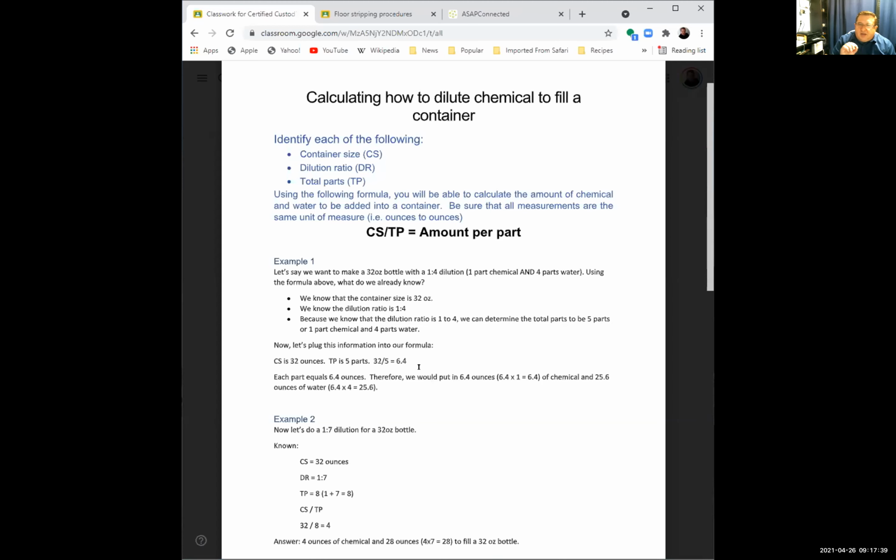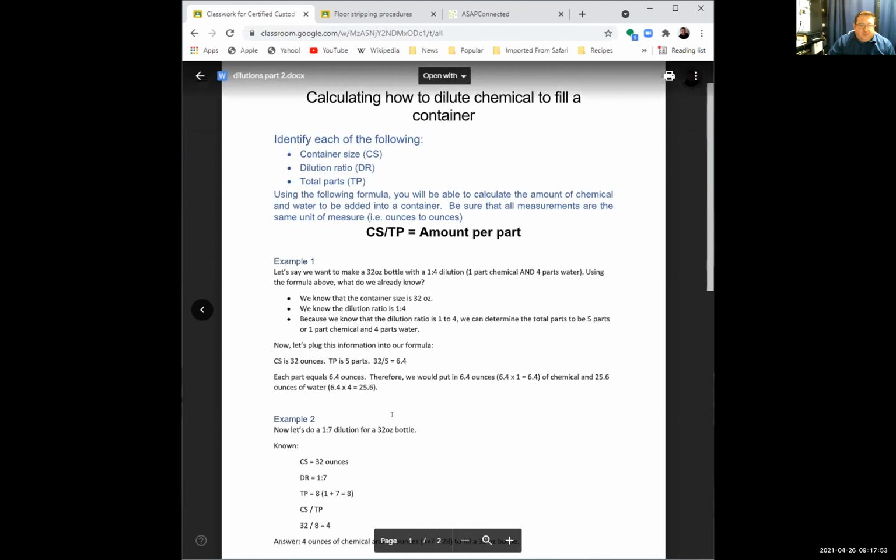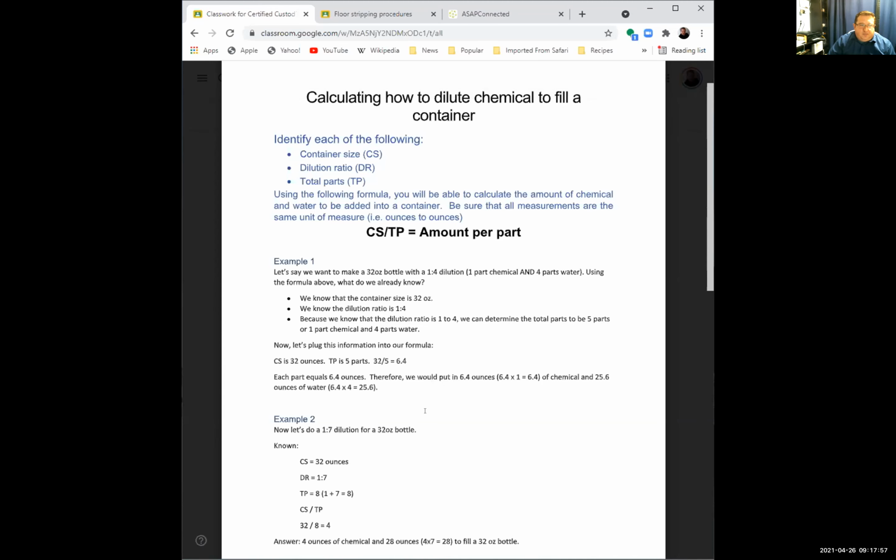I don't even know how they do that, but I just know that the hole opening in the metering tip is based on that dilution ratio or that percentage. So they need to know exactly. But for our purposes, we round it.